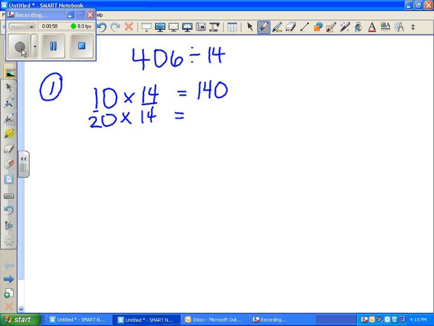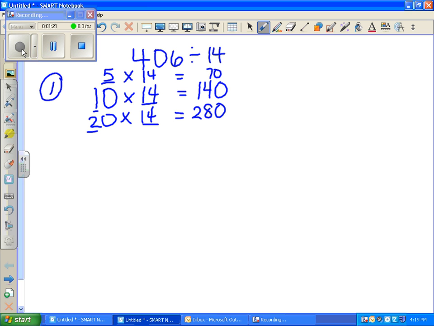Add your 0. 14 times 2 is 28. Add your 0. Now that I've found my landmark number 10, I can easily come back and find landmark number 5. Since 5 is half of 10, then half of 140 would be 70.